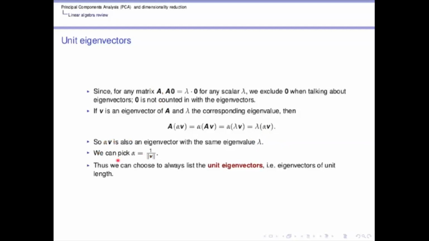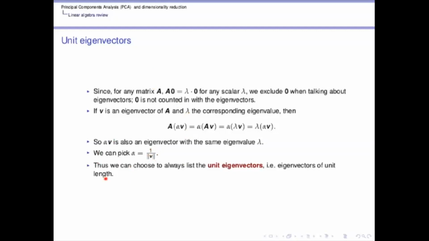Okay, so we can just go ahead and pick alpha being equal to 1 over the norm, so the length of the vector, which is nice because in this case we can say that we have a unit eigenvector, and then whenever we multiply it with the matrix A, then we get a vector that corresponds to the actual value, the eigenvalue corresponding to that eigenvector.